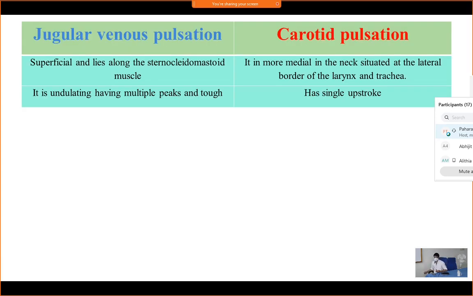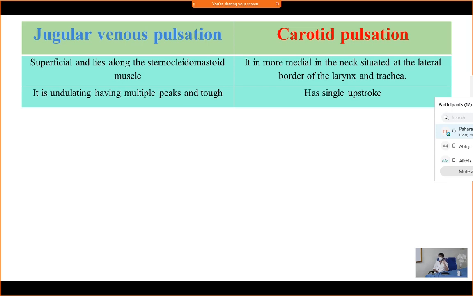So how will we differentiate between jugular venous pulsation and carotid pulsation? The jugular venous pulsations are superficial and lie along the sternocleidomastoid muscle. It has a typical undulating waveform, having multiple peaks and troughs, like this. But carotid pulsation has a single upstroke. It is a lateral-ward movement, and it is situated lateral to the larynx and the trachea.